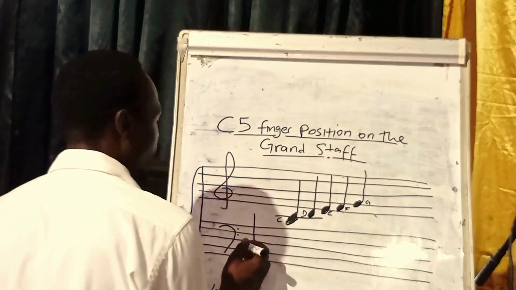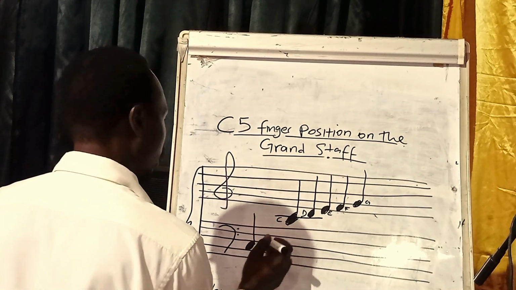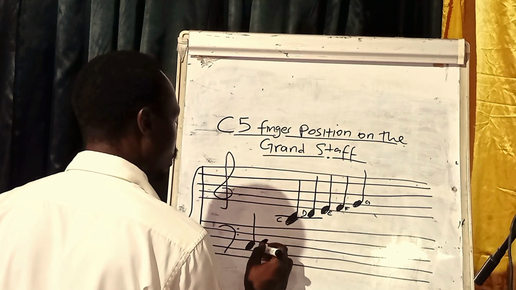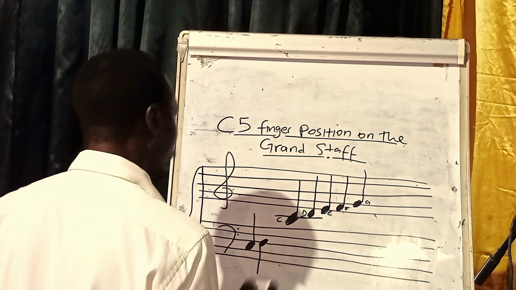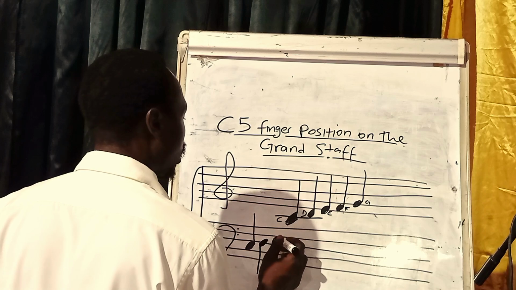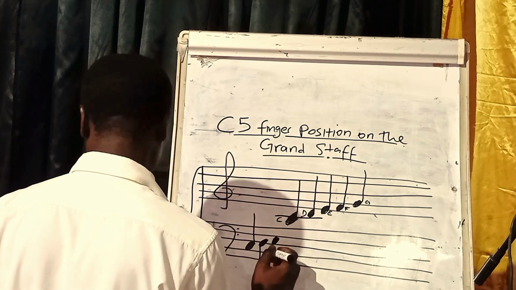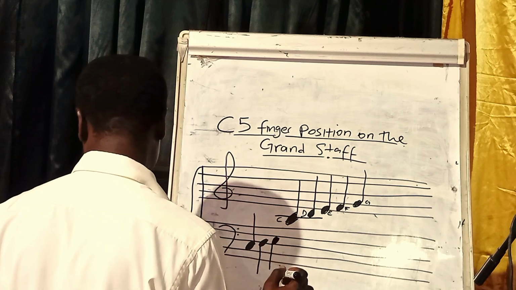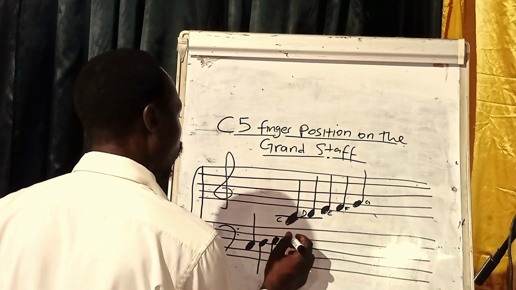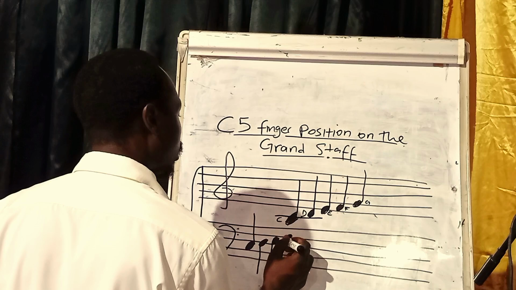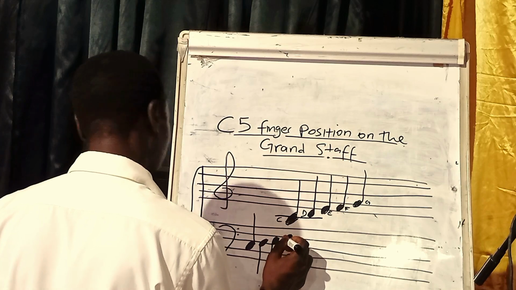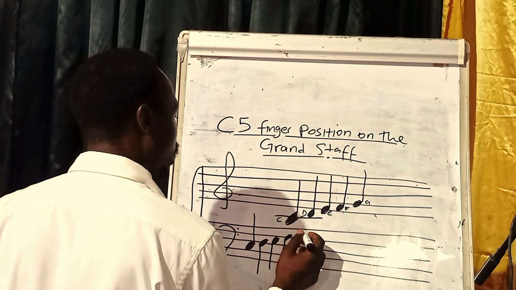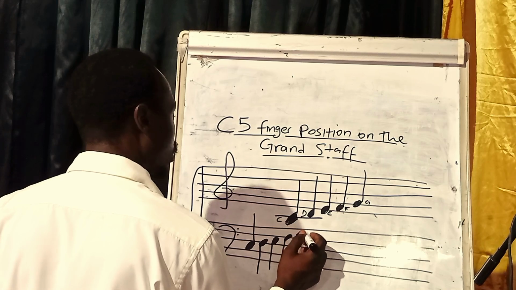That is our C. Then D will come on the second line. Then E on the third space. Then F on the fourth line. Then our G on the fourth space.